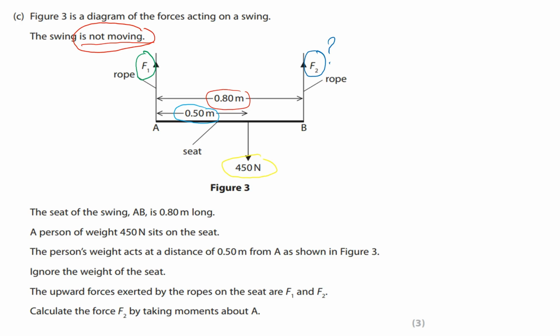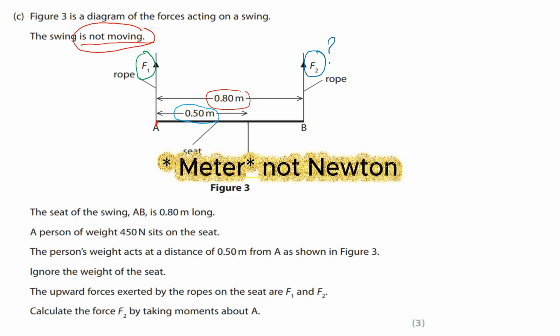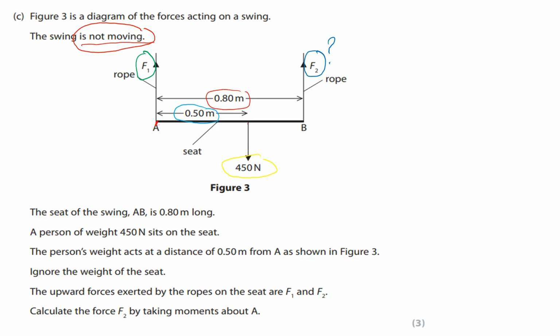This is point A. This point A is basically a reference point, and we have a man of weight 450 Newton sitting, and the distance between where he's sitting and point A is 0.5 meters. So let's take this to be our clockwise moment.